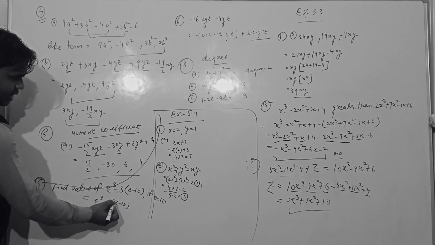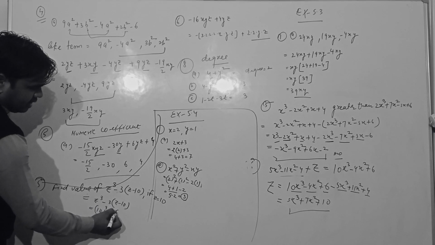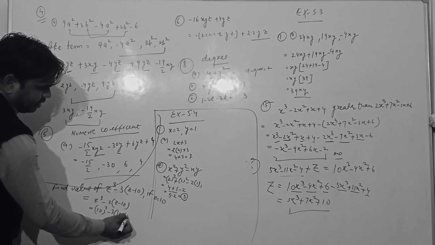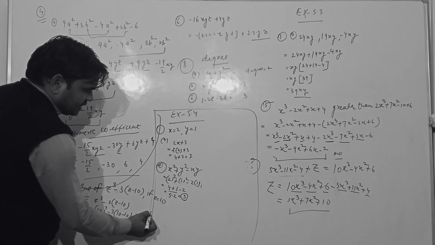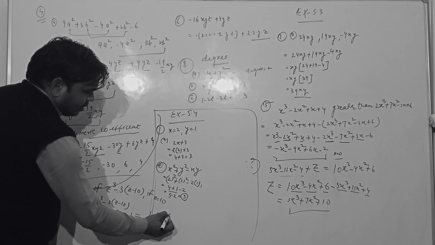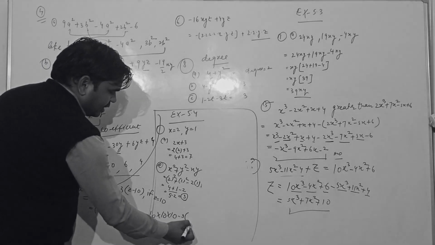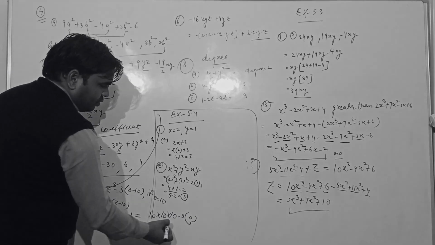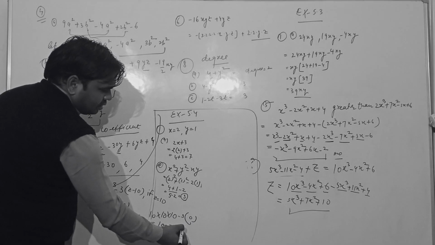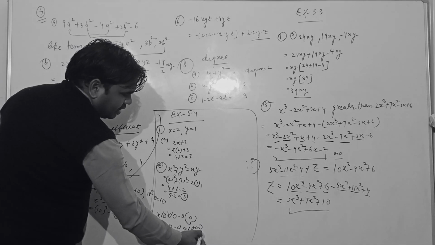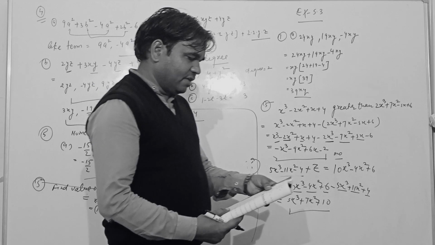We put the value here, 10 to the power 3 minus 3 into 10 minus 10. It means to say 10 to the power 3, that is 10 multiplied by 10 multiplied by 10, and here minus 3 into 10 minus 10 equal to 0. So here 1000 we got and here 0, that means we got here 1000. This is the answer, the value for question number 5.